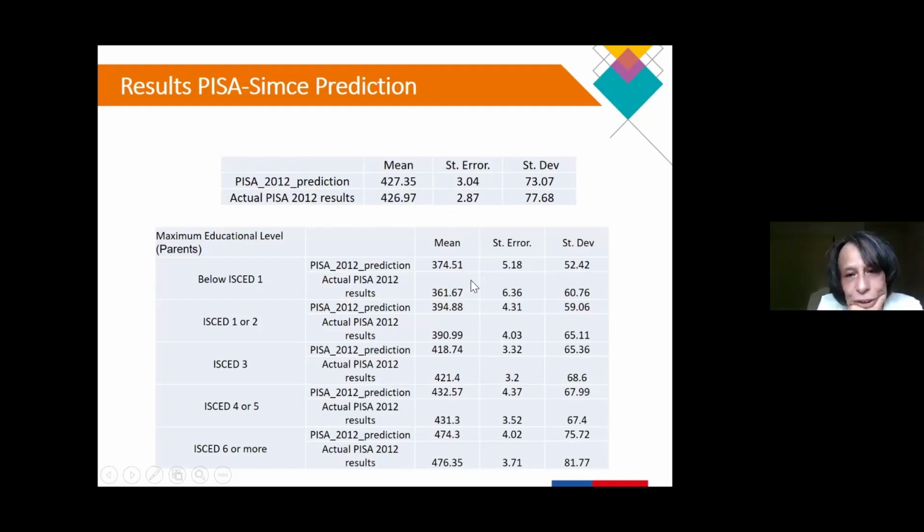And in terms of, let's say, the education level of the parents, it was not as good as in the overall, but anyways, our model was okay in prediction, let's say.